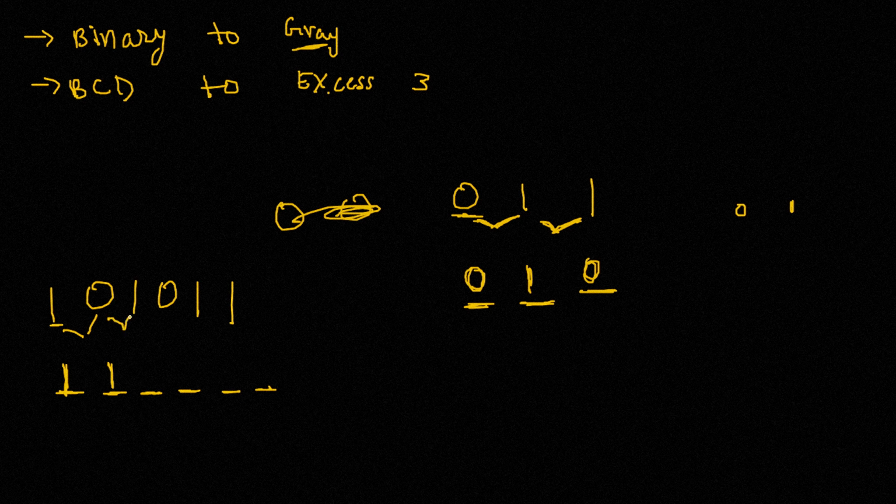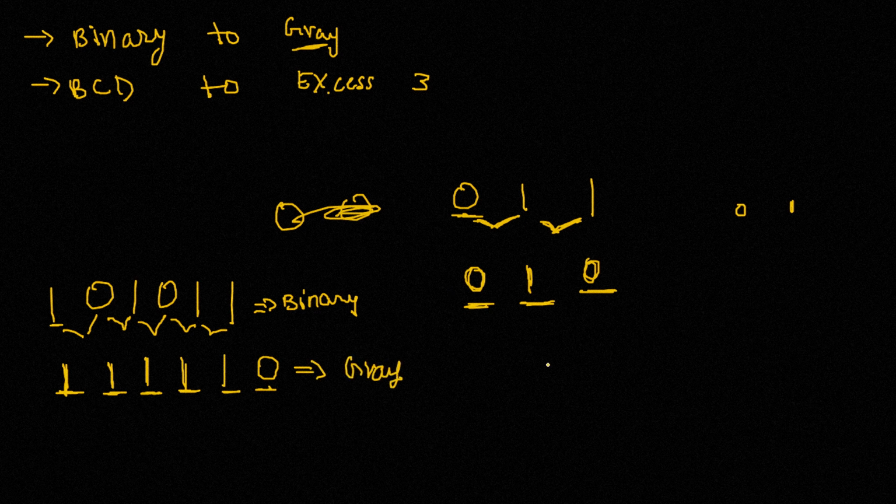Then we compare the next two, 0 and 1. Since they're again different, we get 1. Then we compare this 1 and this 0. Again different, so the output is 1. Then 0 and 1 is again different, so the output is 1. 1 and 1 are the same, which gives us the output 0. So this is the binary number, and in gray code, this is how it's written.